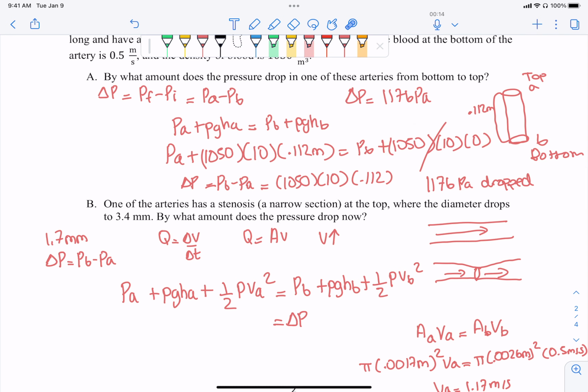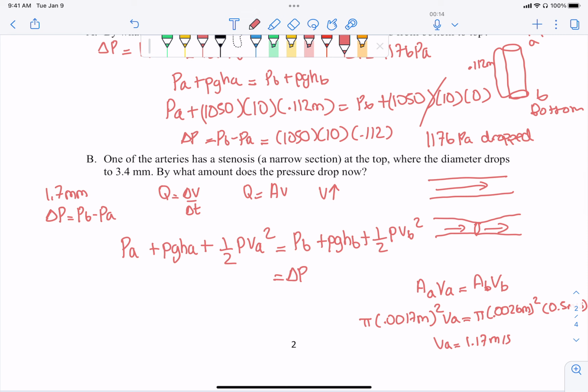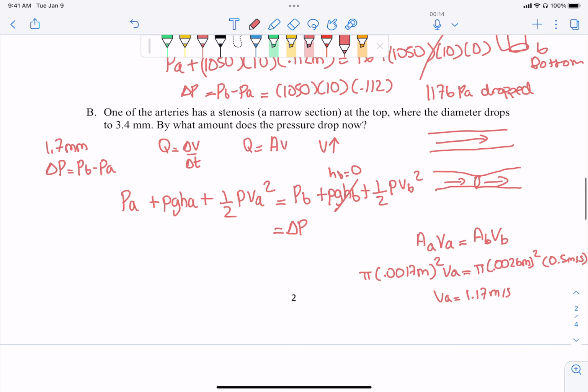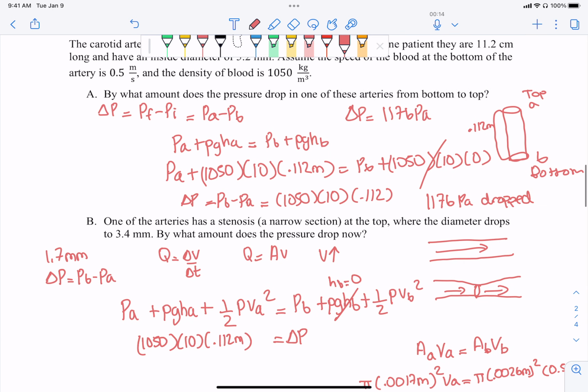So 0 meters is at the bottom, and the top would be 0.112. This effectively canceled out because HB is equal to 0. And then this is going to be 1,050 kilograms per meter cubed, that's our density for the blood, times 10 meters per second squared, times our height, which is 0.112 meters, the length of the artery there.